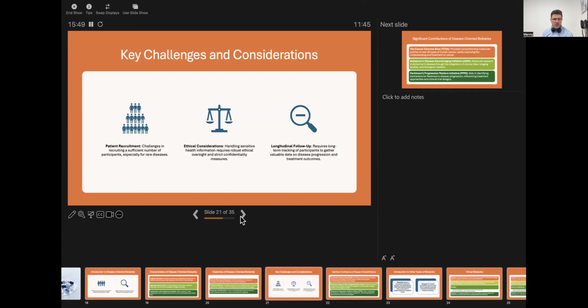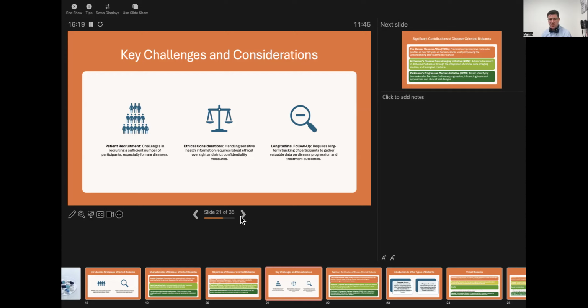So challenges, recruitment. How do we make sure that the research design is actually inclusive? That's one of the biggest topics right now. How do we make sure that what we call here postcode lottery doesn't affect you? Depending on where you live, you're going to have different access.